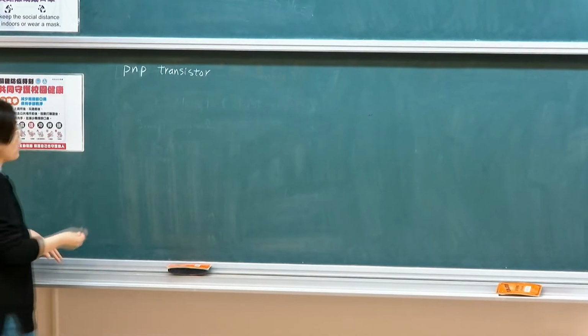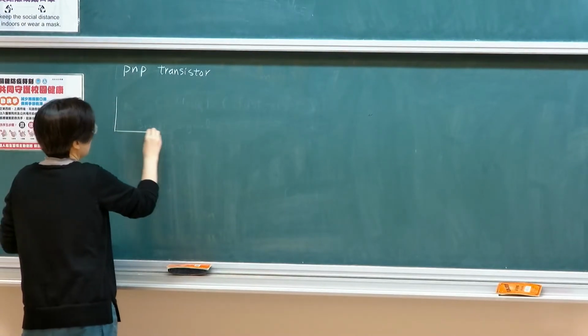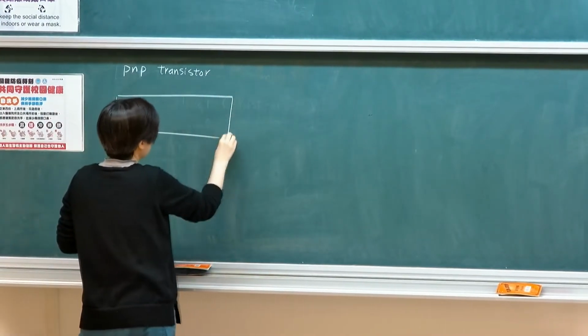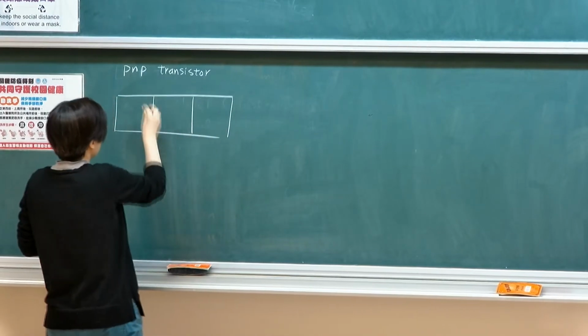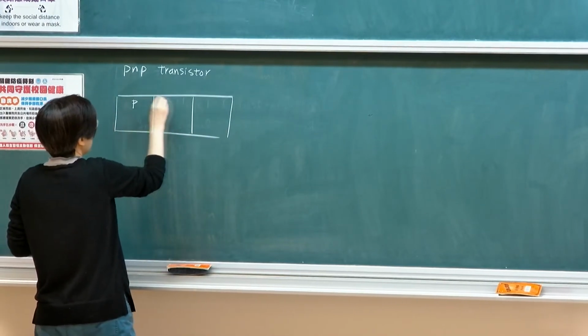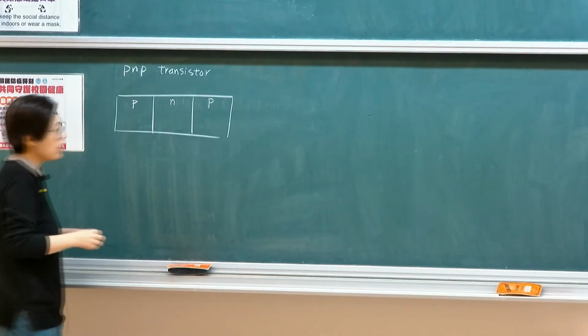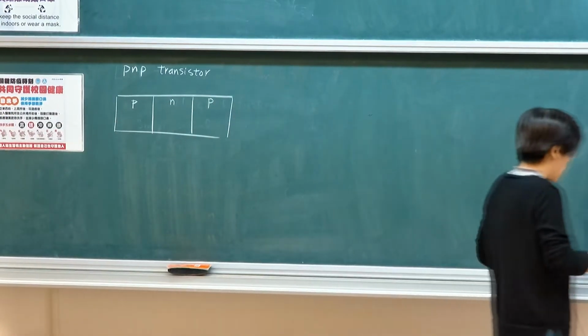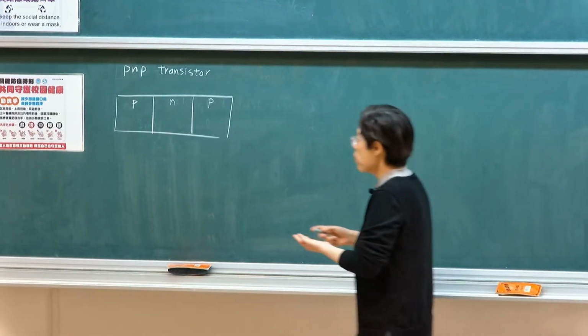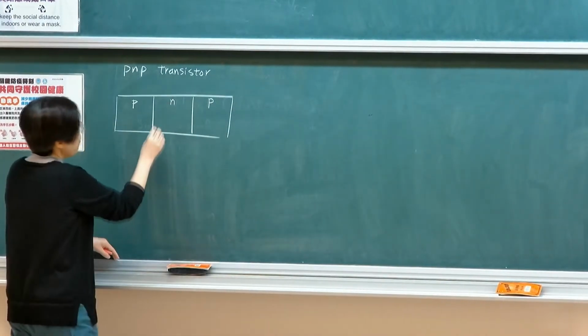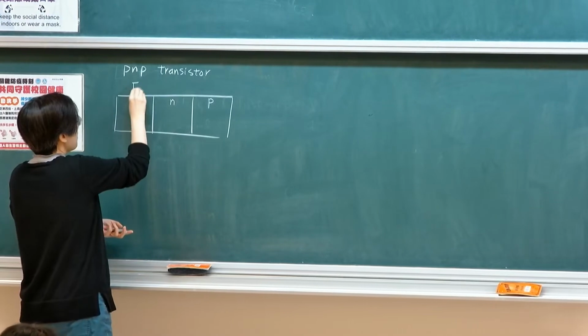In a PNP transistor, I'm just going to talk about active. It's the same. So you have a PNP transistor. The main difference is that we're going to reverse the types. So when I forward bias the PN junction, what happened? This will be my EBC.